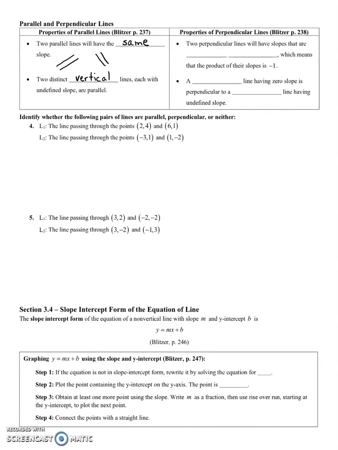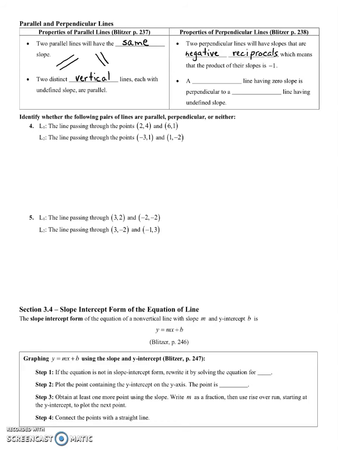Now, for perpendicular lines, we have two different lines are perpendicular if their slopes are negative reciprocals. And negative reciprocals means that if we multiply their two slopes together, we should get -1.